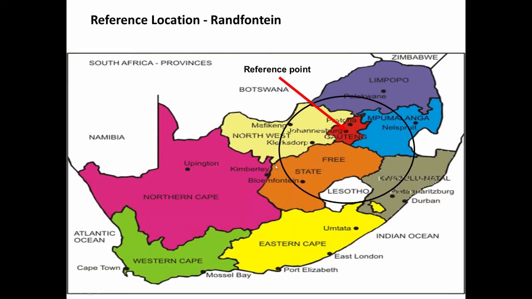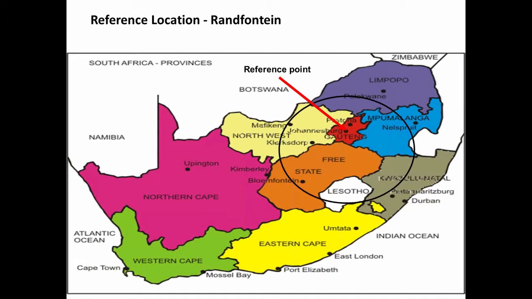Just to reaffirm what I mentioned: Randfontein is on the west end of Johannesburg, and that is the point that we reference all our derivative products traded on the Johannesburg Stock Exchange. Of course, with the exception of a different wheat contract, which we call the Cape wheat, which has a reference point in the Western Cape.